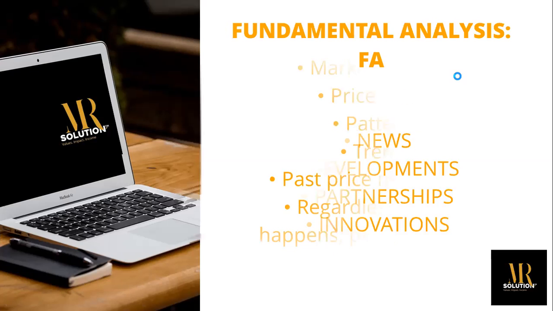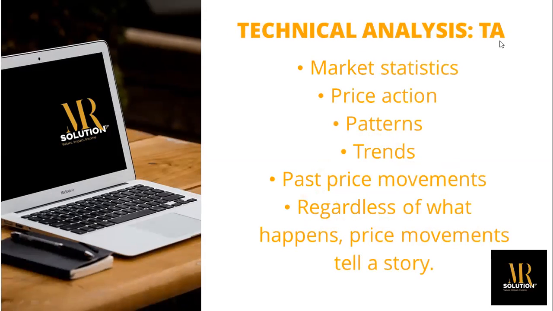Okay, so next we look at technical analysis. By technical analysis, that's when we look at charts. We look at the price action, we look at patterns, trends and price movements. Regardless of what happens, we believe that price movements tell a story. So a technical analyst looks at the charts and at what happened before.